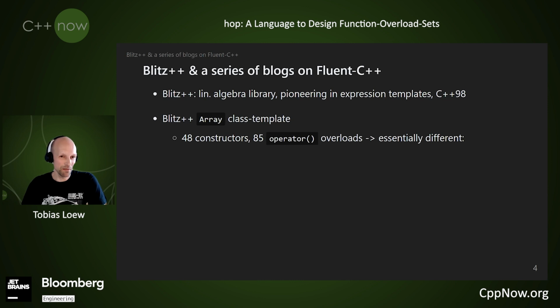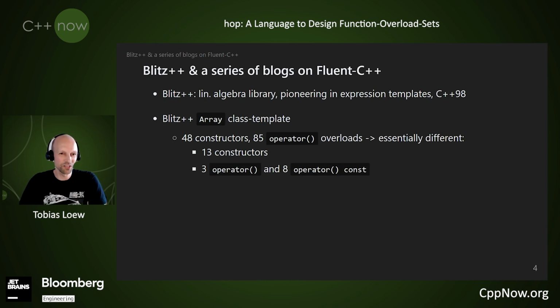But if you look at them, essentially 13 constructors are different. And for the function call operators, we have 3 non-const different function call operators and 8 const function call operators.